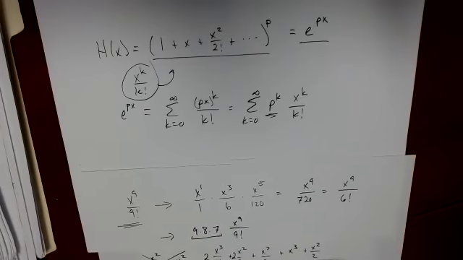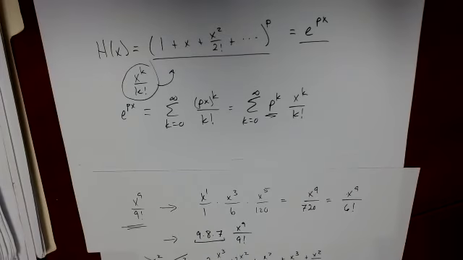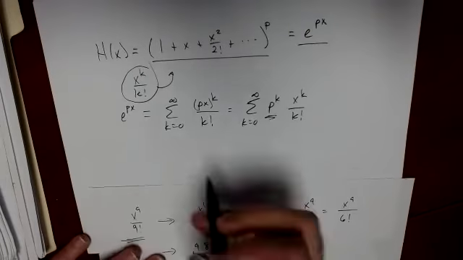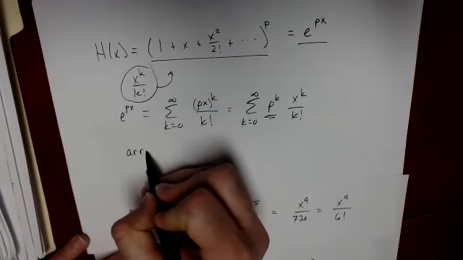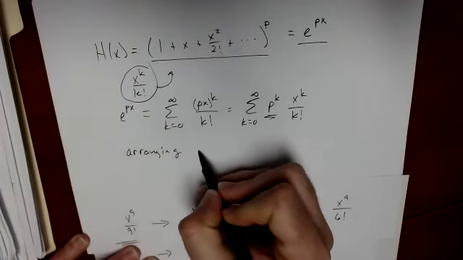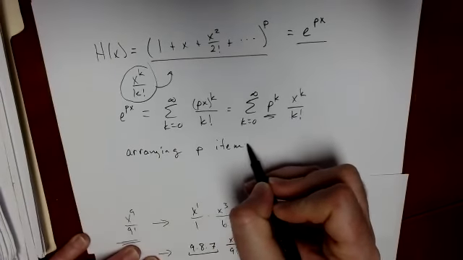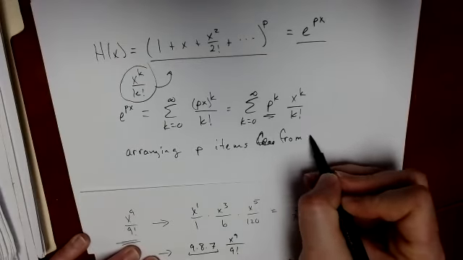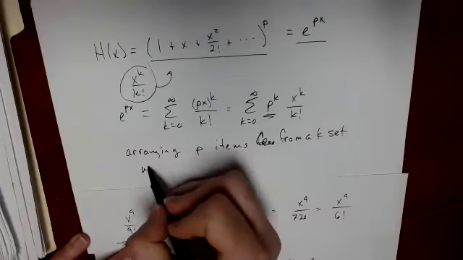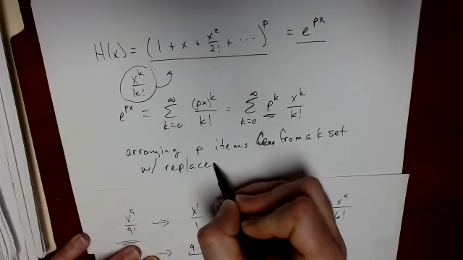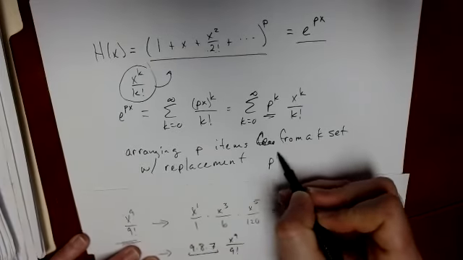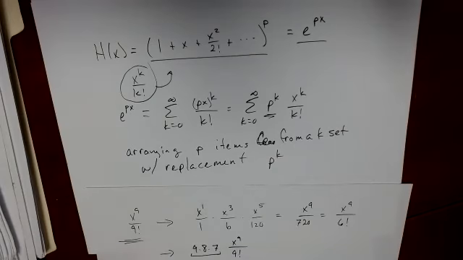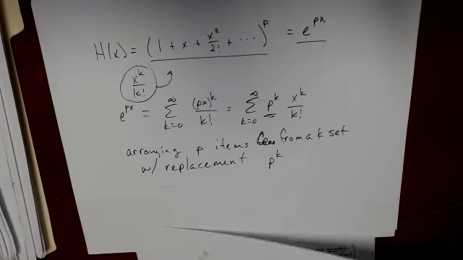Now, that's what we've always had, right? If you are arranging p items from a k set with replacement, that's p to the k. That was like day one, I think. So it's nice that the exponential generating functions give us back some of what we had before.